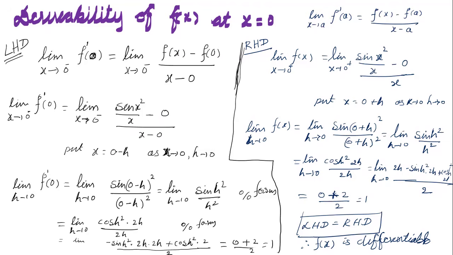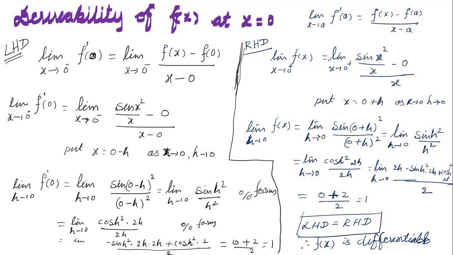Put x equal to a minus h, that means 0 minus h. As x tends to 0, h tends to 0. Here take limit h tends to 0, sin of (0 minus h) whole square divided by x into x square, therefore (0 minus h) whole square. This is equal to limit h tends to 0, sin h square divided by h square.